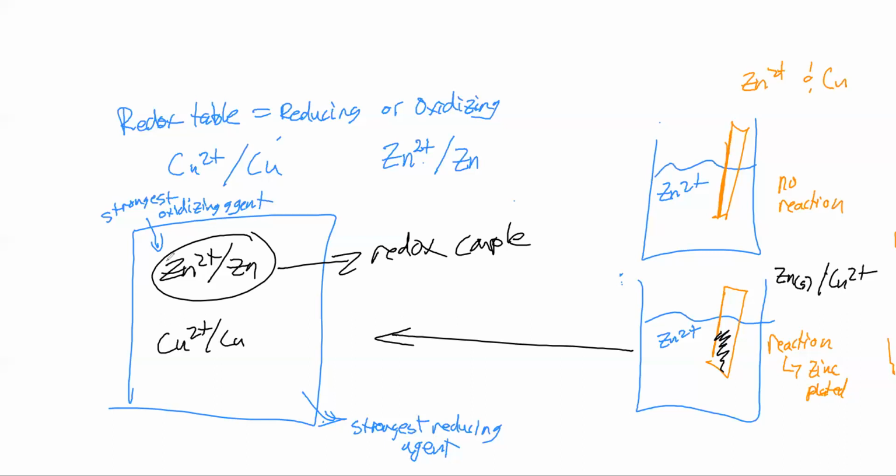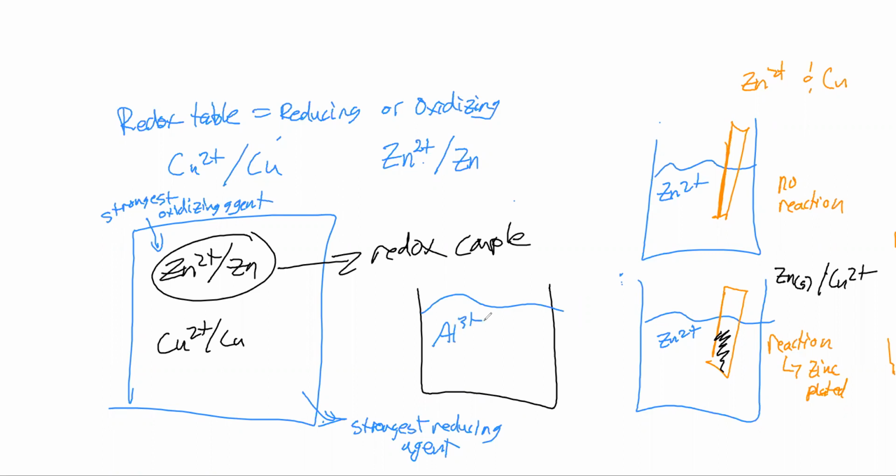Because if we have a third one that's coming in here, let's say that we have a solution, and inside that solution we have some aluminum plus. And we put that copper inside. And this time, instead of solid forming, we got no reaction.